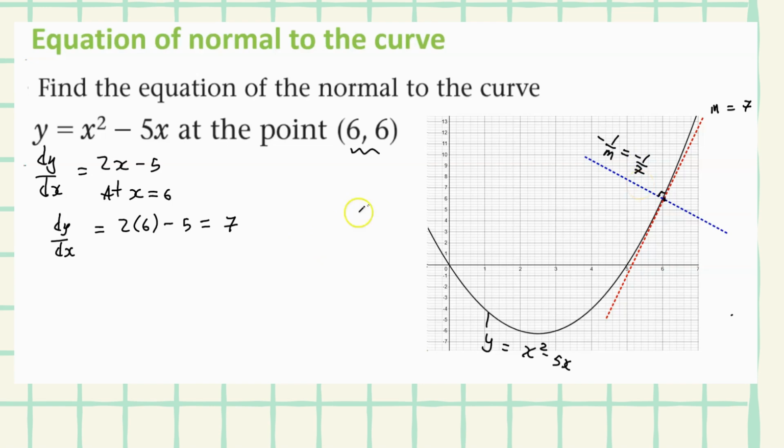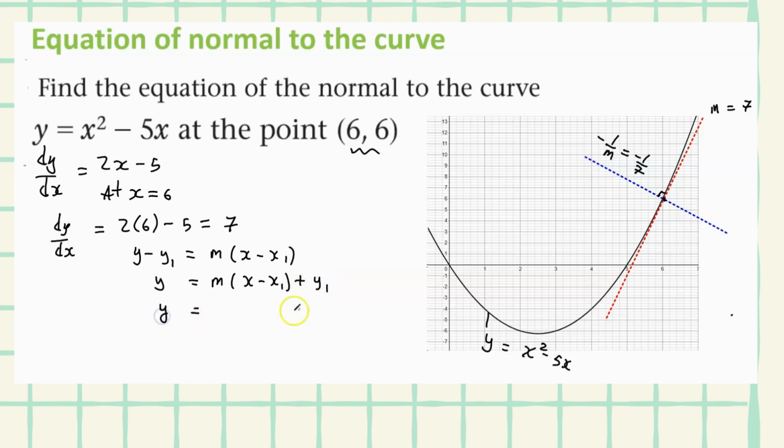So we can write the equation of this line because we have the gradient. It's a straight line, so we would have y minus y1 equals m into x minus x1. We can simplify this to write y equals m into x minus x1 plus y1.